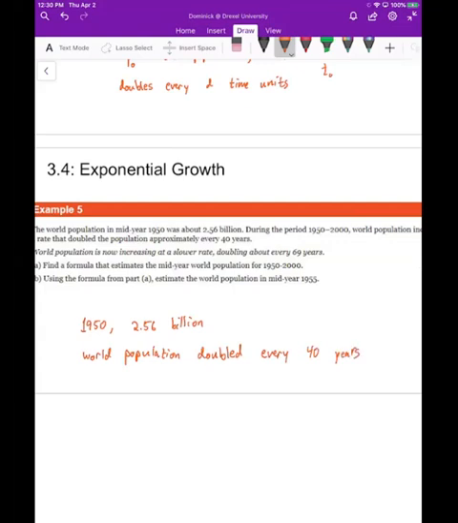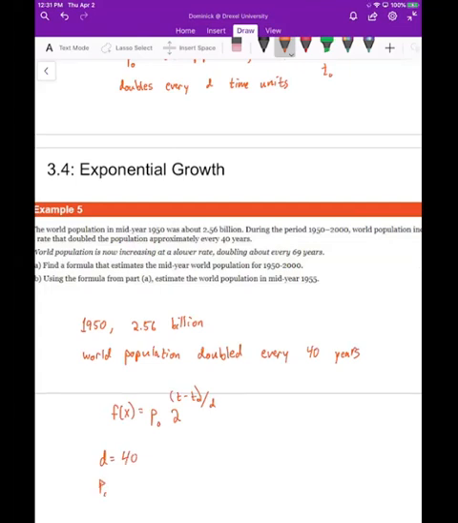Okay, so we're going to use the model that we just looked at. We're going to use that f of x is equal to P0 times 2 to the (t minus t0) over d. All right, well, here we're being told that our doubling time is 40 years, so d is 40.